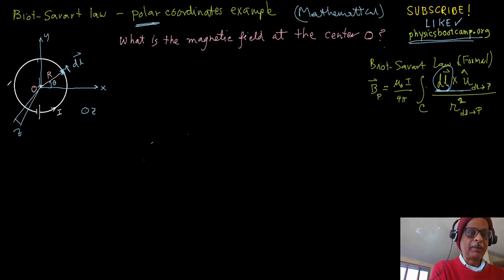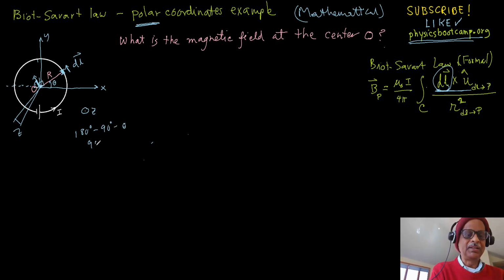Then this vector in this direction, you can say this vector is 90 degrees like that. So this is theta, this is 90 degrees, and so the whole thing is 180 degrees minus 90 degrees minus theta.